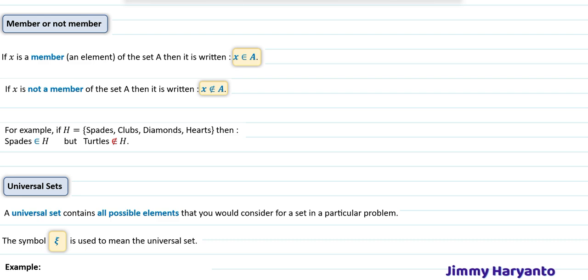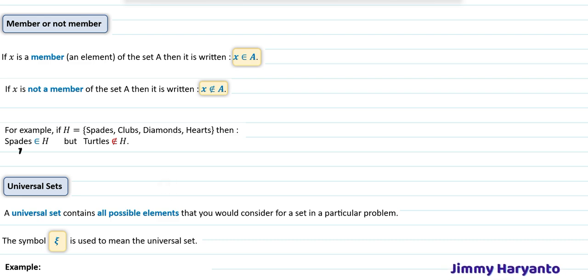And then next is member or not member. If x is a member or an element of the set A, you have to write it like this: x is a member of A. And if x is not a member of A, you have to write it like this. For example, H is the set of spades, clubs, diamonds, hearts.